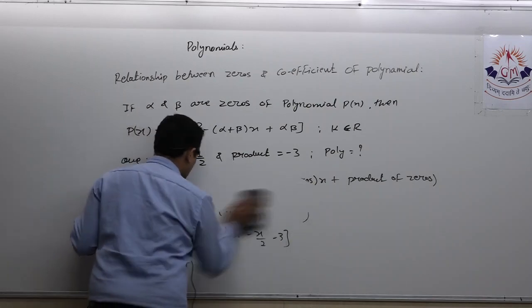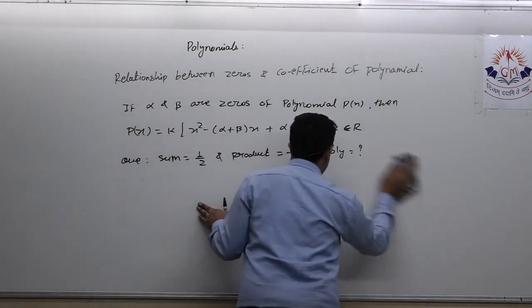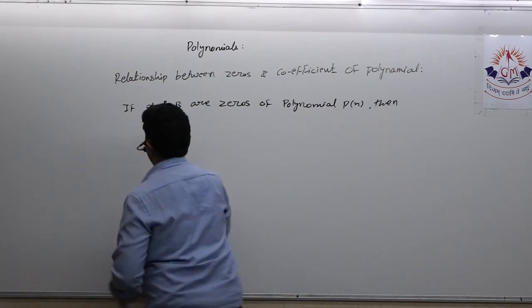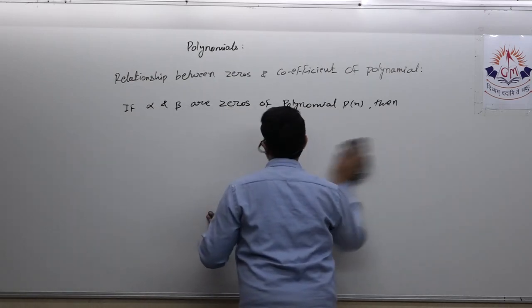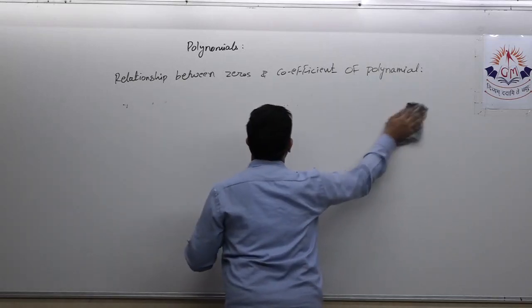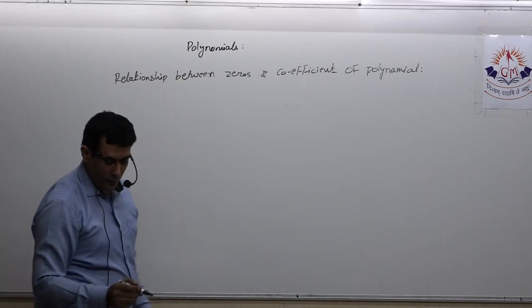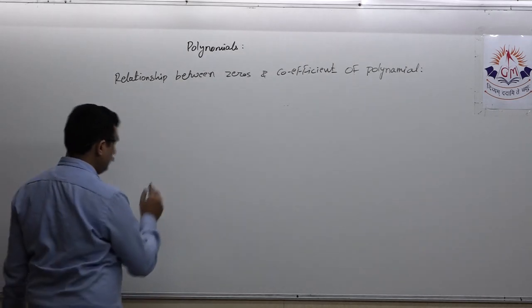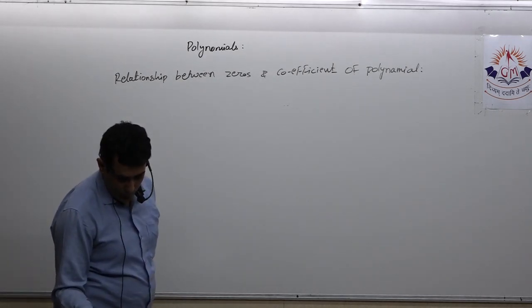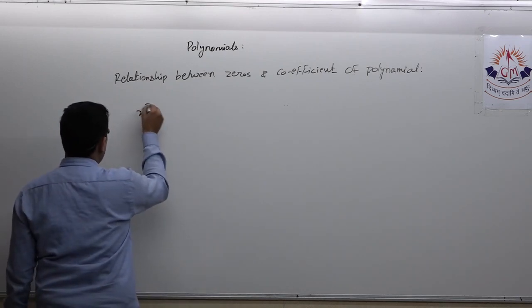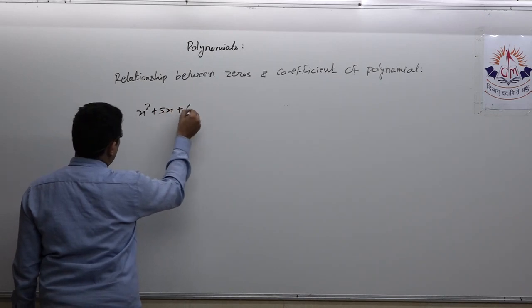Now we'll see one more type of question. However, chances are very less that they will ask this type of question, but as we started the revision, we'll see it in short. Suppose there is a polynomial, let me take x square plus 5x plus 6.